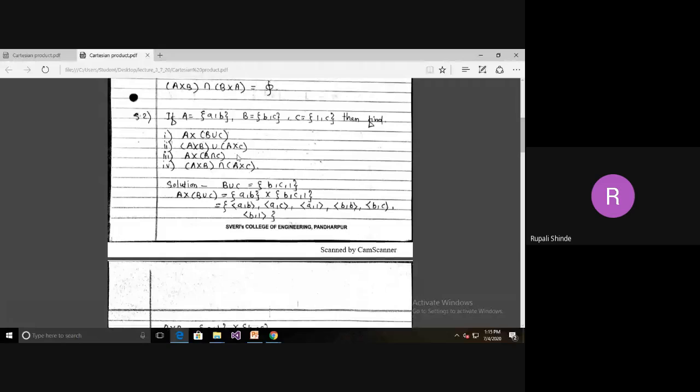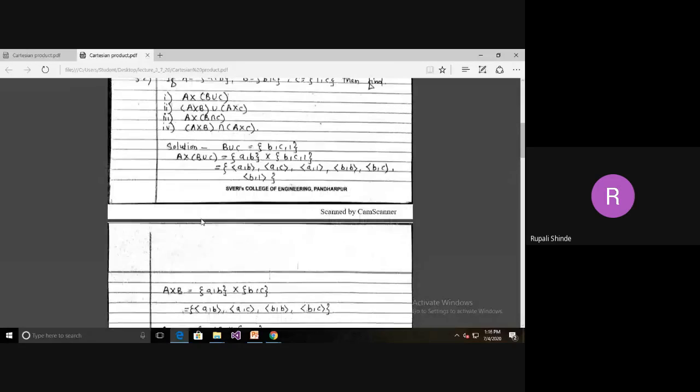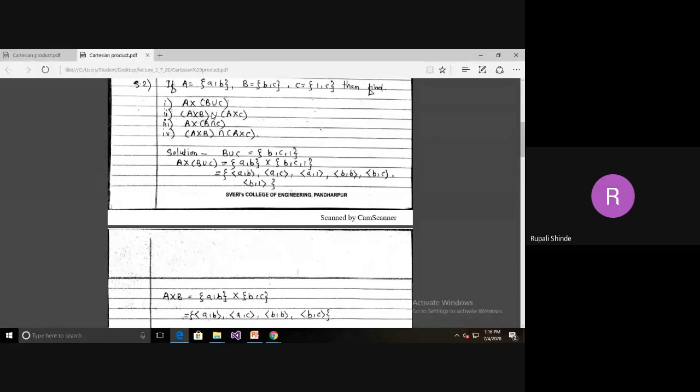Likewise you have to tell me the answer for A Cartesian product C. What would it be? (a, 1), (a, c), (b, 1) and (b, c). Yes, that is correct. Now what they have asked is to take the union of these two Cartesian products.